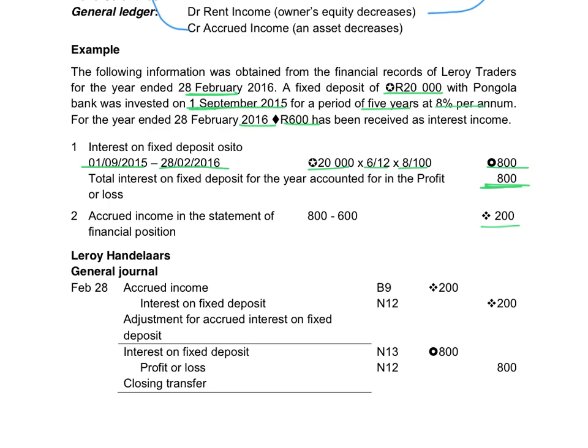The amount that will be transferred to the profit and loss account will be 800 Rand, the total amount, although all this money was not received. So profit and loss will be credited to indicate that the total income of the business is 800 Rand, and that will increase the profits of the business.